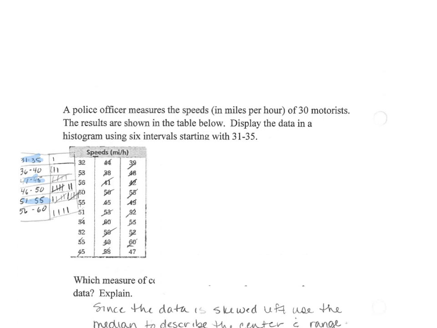As you go through, you can see how I have these tick marks going here. You can tally up how many fell into each category. Once you're done that, create your histogram, putting these on your x-axis and your frequency on your y-axis. So pause the video and complete your histogram.